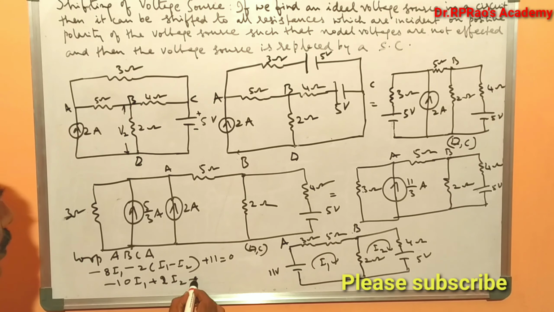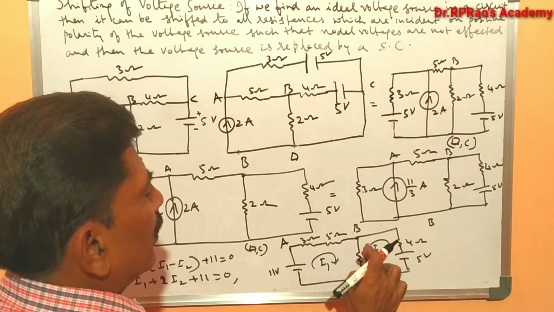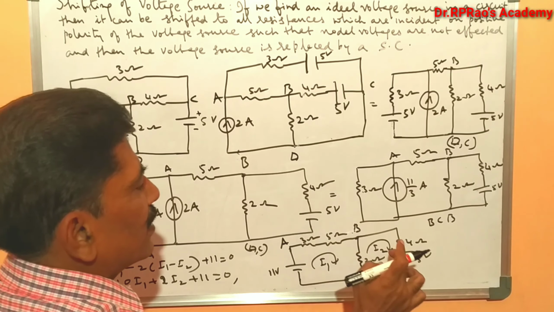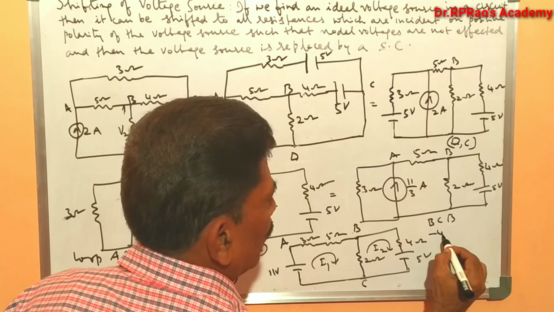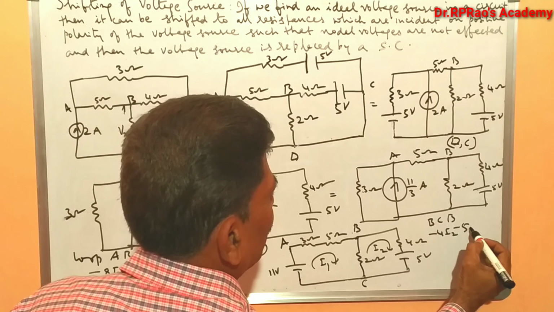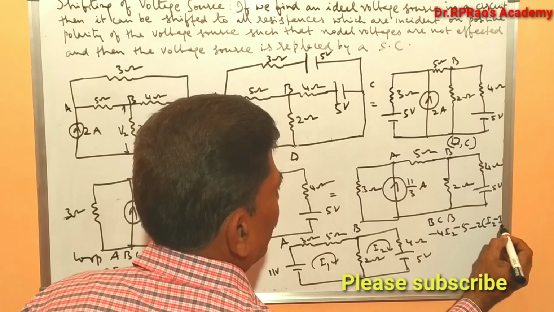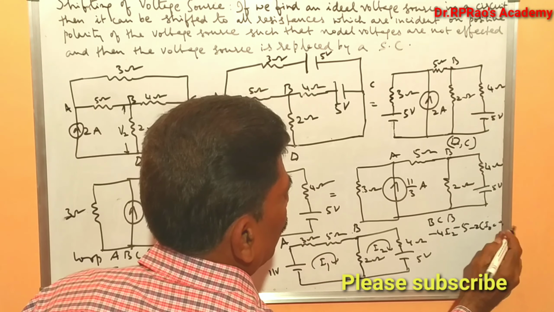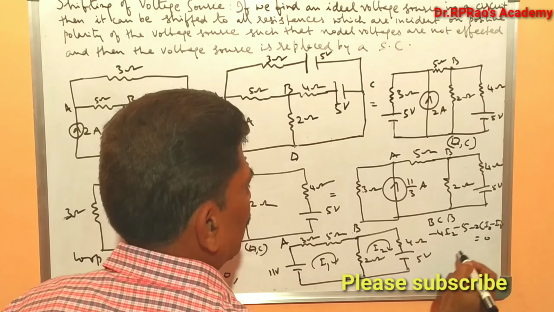And the second equation, if we apply KVL to the second loop, let it be BCB. If we move from B to C, minus 4I2 minus 5, a drop in potential, then we are moving in the direction of current, so minus 2 into (I2 minus I1) equal to 0.